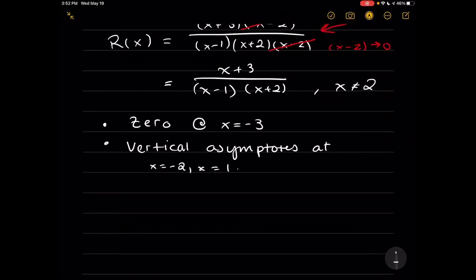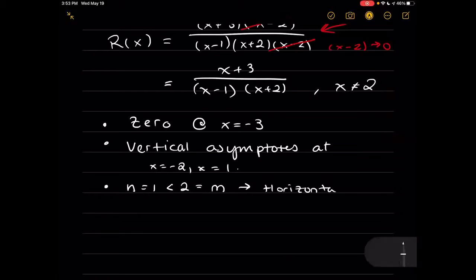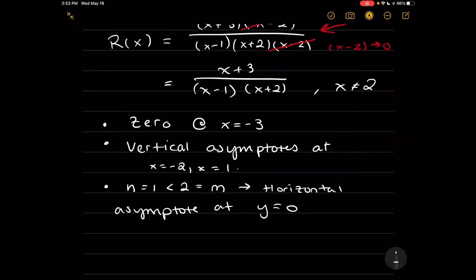And the degree of the numerator is 1, which is less than 2, the degree of the denominator. So this means that we have a horizontal asymptote at y equals 0.